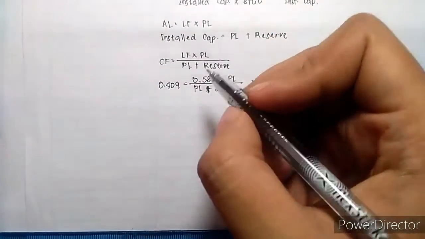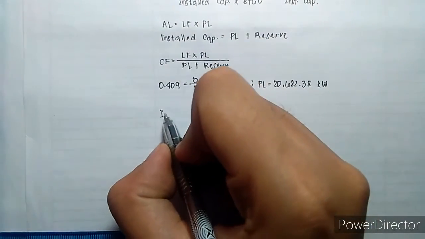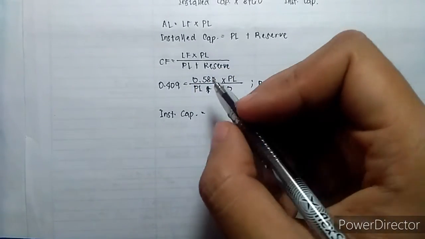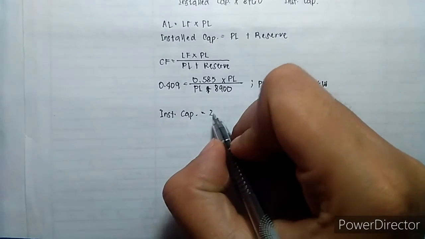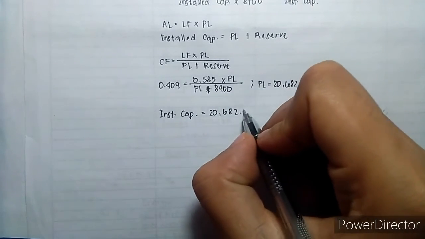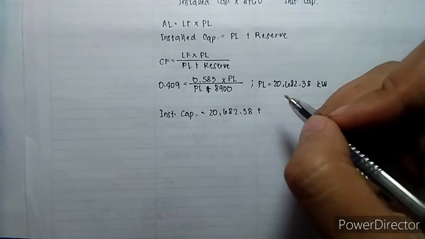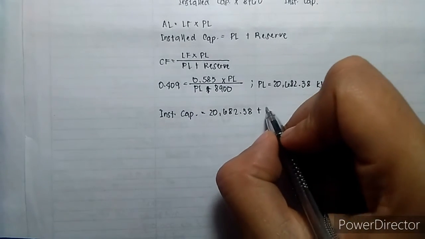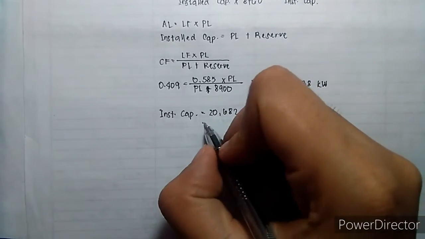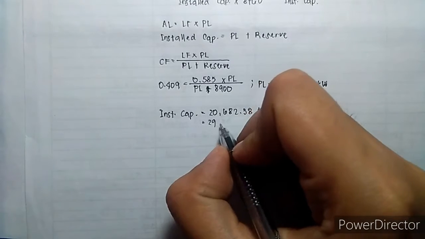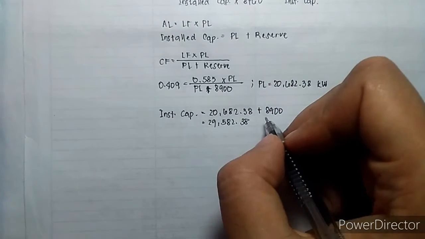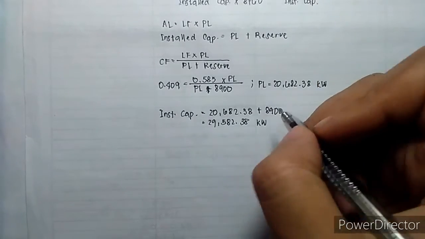The installed capacity is equal to the peak load 20,682.38 plus the reserve 8,900 kilowatts is equal to 29,582.38 kilowatts.